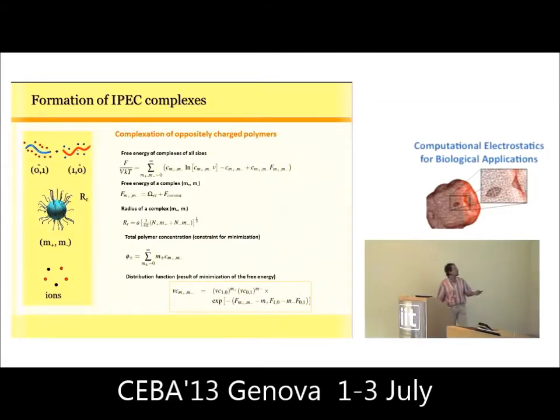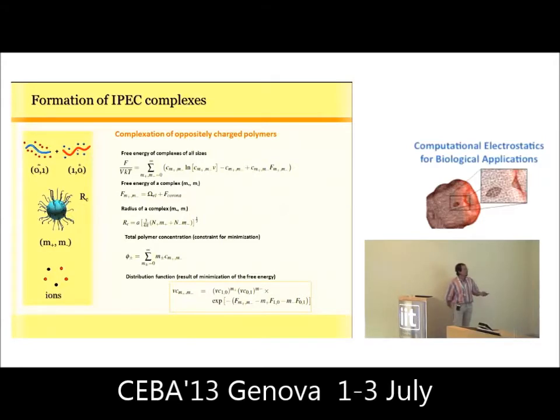So we need to sum over all types of aggregates, where (0,1) and (1,0) are the unimers of each sign. We have the entropy of these objects and the free energy of each object. If you sum over all possible compositions, we have a free energy, and the energy of the object will contain an electrostatic term and a corona term.